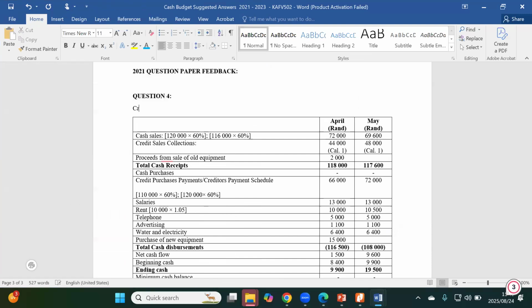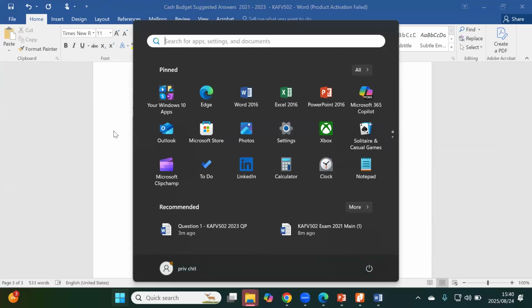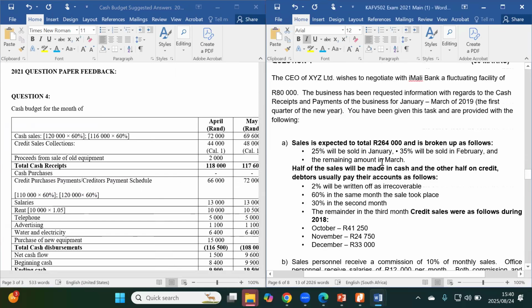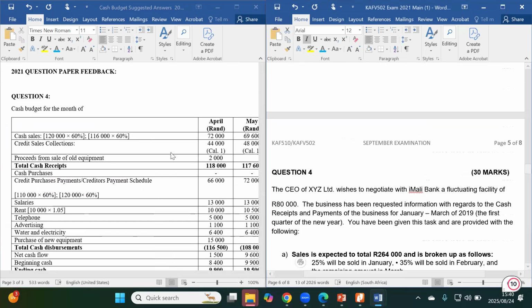So I'm going to draft here and say cash budget for the month of January, February, and March. Did they give us the year? The year is 2019. So it's January, February, and March 2019, like that.